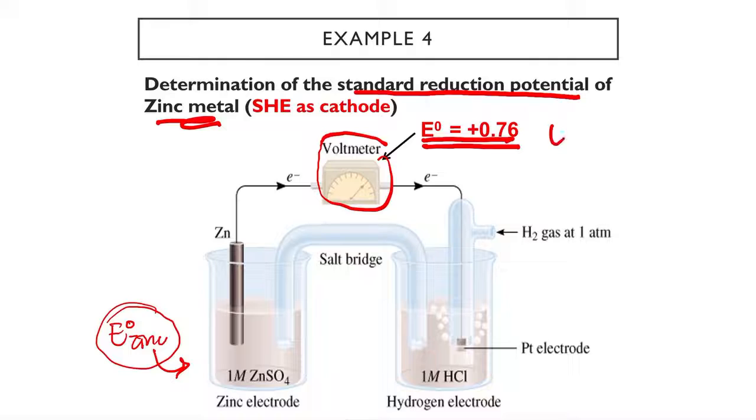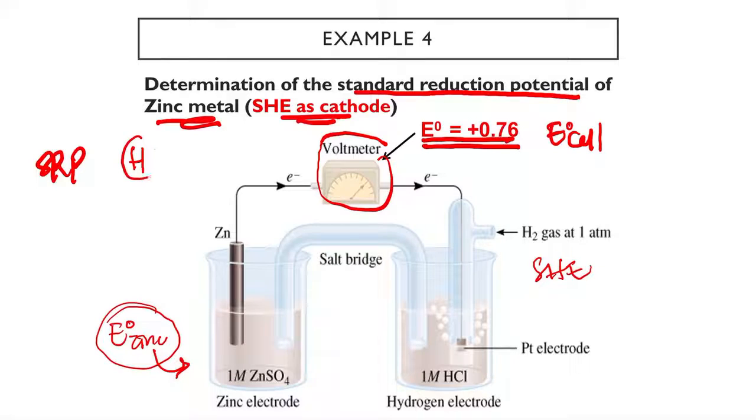This is your E0 cell. This is your standard electrode standard cell potential. Okay, and here we have your SHE. Okay, right, so here your SHE is acting as a cathode. How do you know? So if you refer your SRP, you know that you will see that you have your hydrogen lebih atas, lebih positive than your zinc.